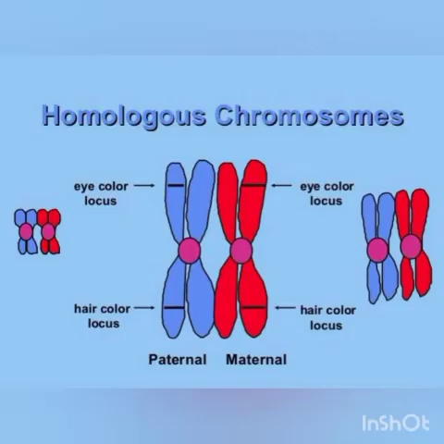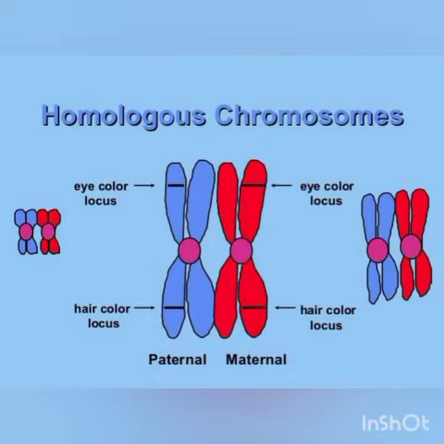Now you can see in the picture of homologous chromosomes that one is the paternal chromosome and another is the maternal chromosome. Let us say this is pair 1, because I will not show you all 23 pairs, just one pair, and the other pairs will be similar.